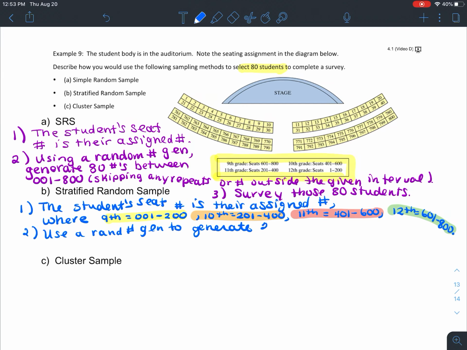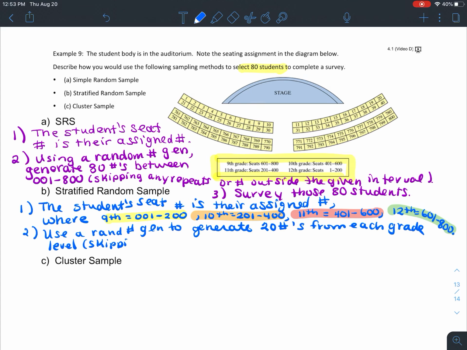So I'm going to say use a random number generator to generate 20 numbers from each grade level. So it should be clear there we're talking about choosing 20 numbers from 1 to 200 and then 20 numbers from 201 to 400.